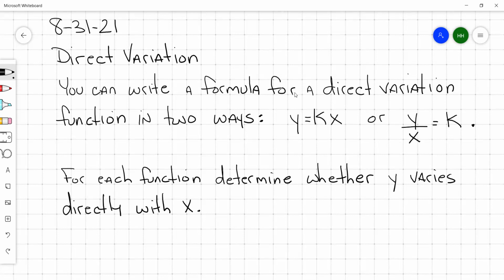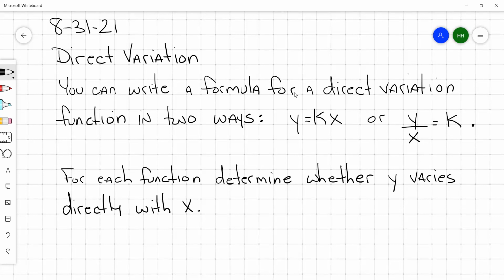You're going to determine if y divided by x equals the same thing every time. Take each y value, divide it by each x value, and see if the answer is the same. If it is, then y varies directly with x.